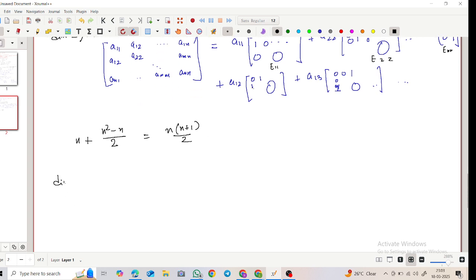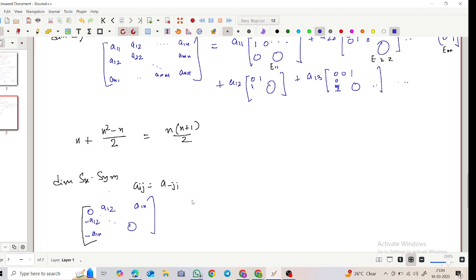What about the dimension of skew symmetric matrices? It will be n(n-1)/2. For a skew symmetric matrix we have Aij equals minus Aji. So the matrix will look like 0 on the diagonal, A12 and minus A12, A1n and minus A1n, and so on.